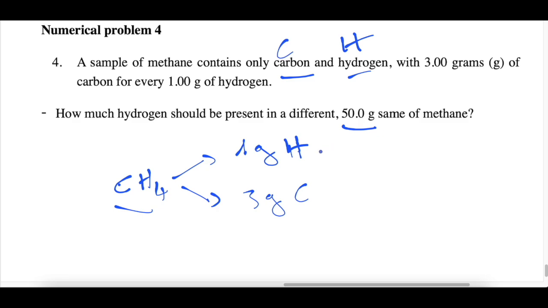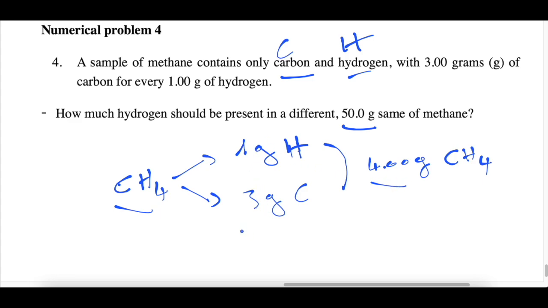So we can assume that the smallest whole number combination of these elements is 4.00 grams of methane. This value is assumed to be the smallest whole number combination of these two elements.